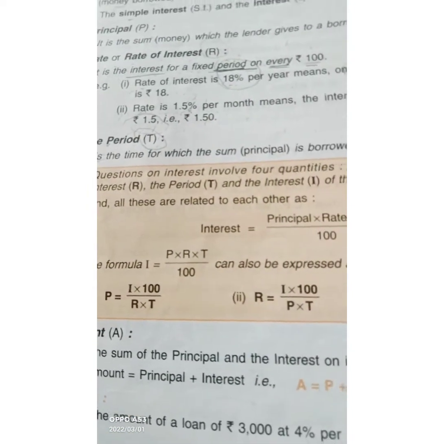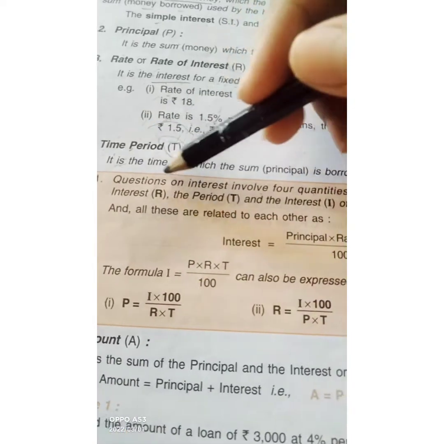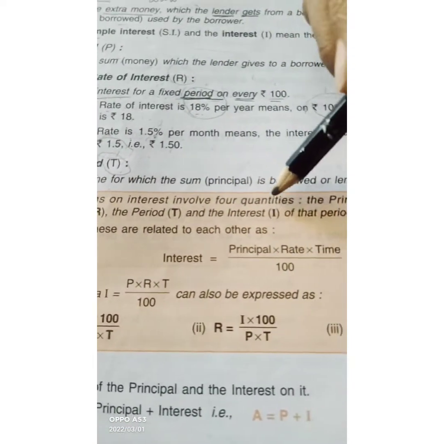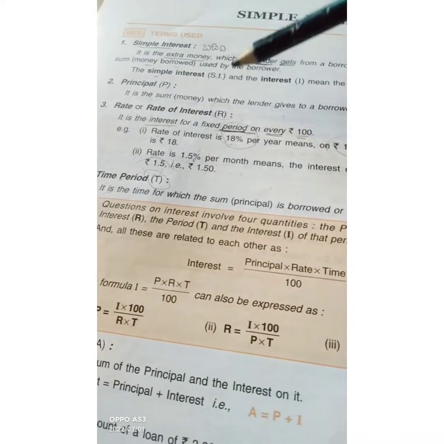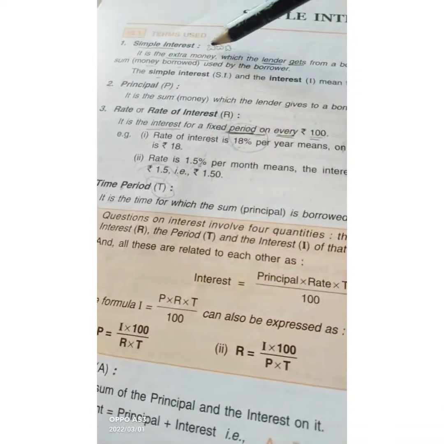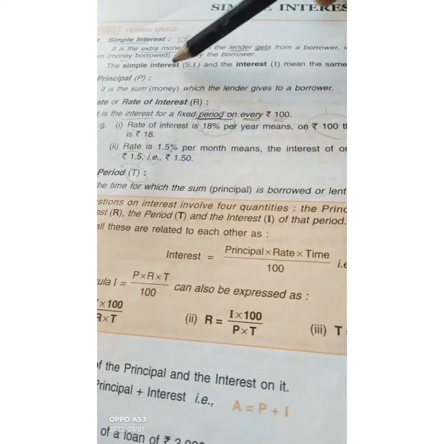Okay, let's come to the formulas of this lesson. Questions on interest involve 4 quantities: the principal, rate, time period and the interest.